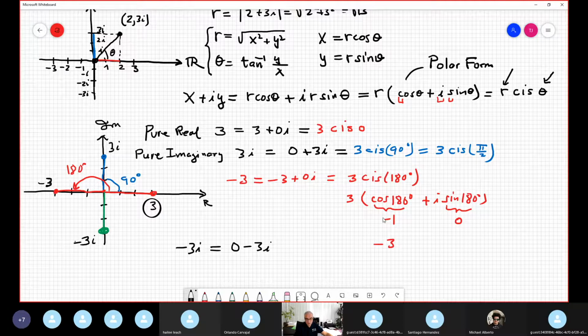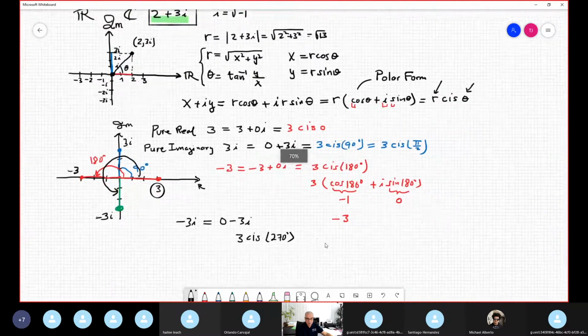The distance, I suppose, is always positive. It's 3. And the angle, cosine i sine, is 270 degrees, because that angle, look, 270 degrees.